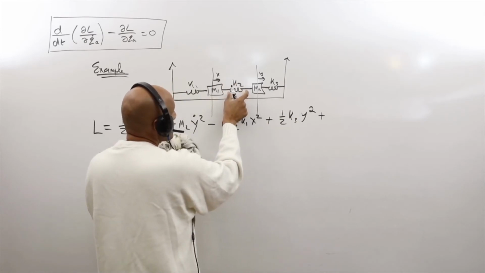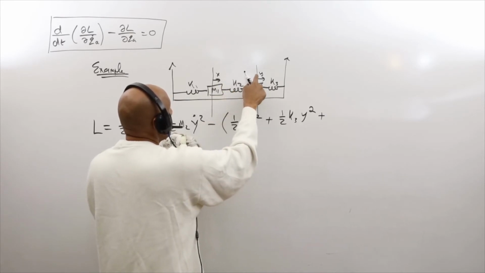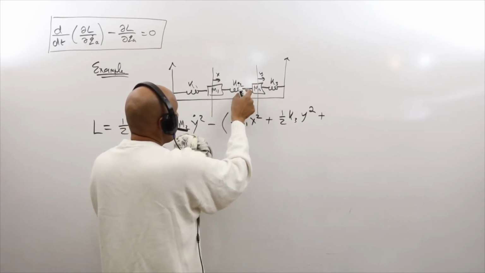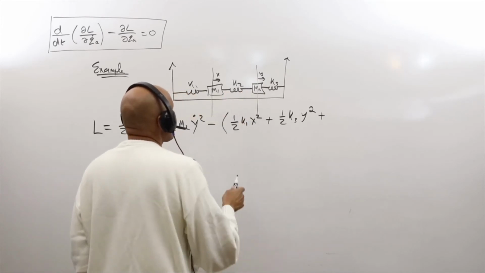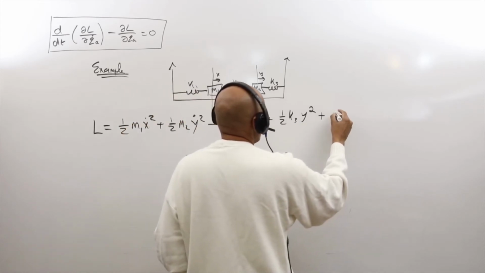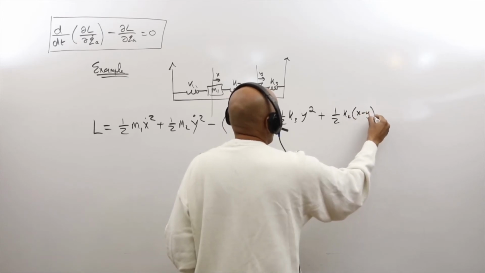There would be no potential energy stored in that extra spring from equilibrium. But if this was changed by 1 centimeter and y was 0, then this would be squeezed by 1 centimeter. And if this was 0 and this is 1 centimeter, then this would be stretched by 1 centimeter. So the idea is that this spring is being stretched by the difference. So the energy stored in that spring is 1/2 k2 (x minus y) squared.